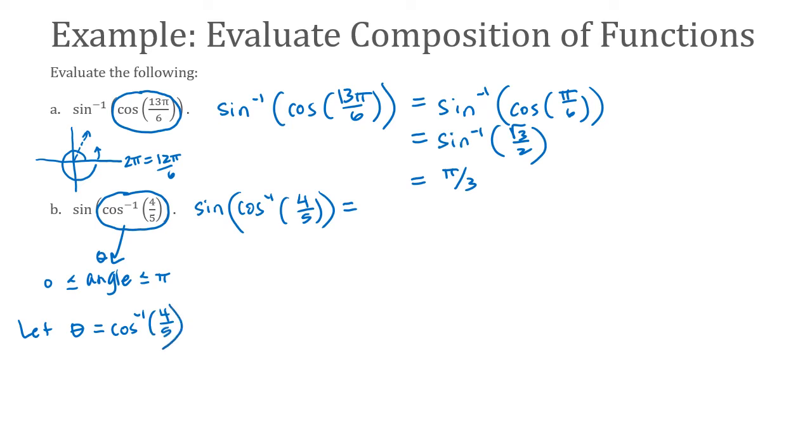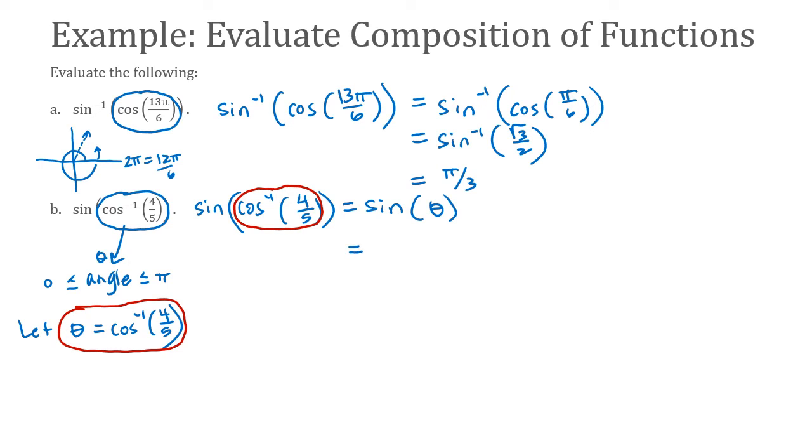Now, what that does for me is it allows me to replace that original input with theta. You might be thinking, why in the world are you doing that? Let me show you. That's going to be rewritten as the sine of theta. Doesn't that look nice? Now, how does that help me?